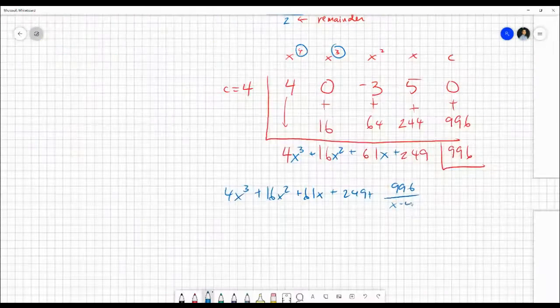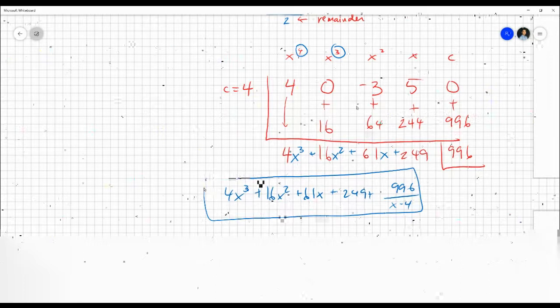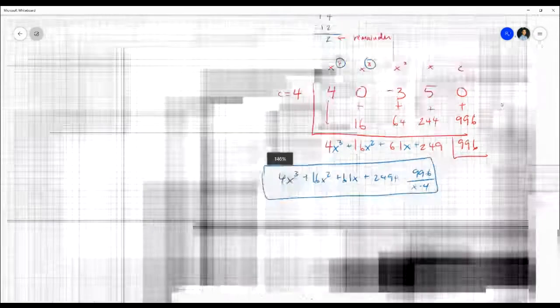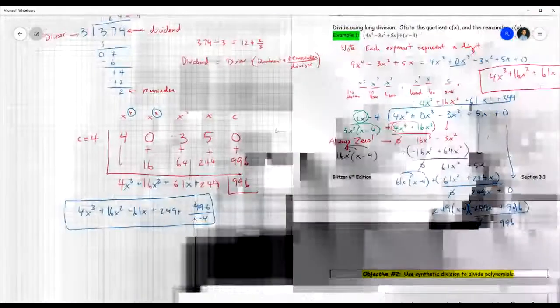And our answer is x cubed plus 16x squared plus 61x plus 249. And this is our remainder, 996 divided by the divisor. So you can see here, this is much, much faster and much easier than what we did over here. So we can see we got the same answer, but doing it much quicker and less likely to make a mistake.